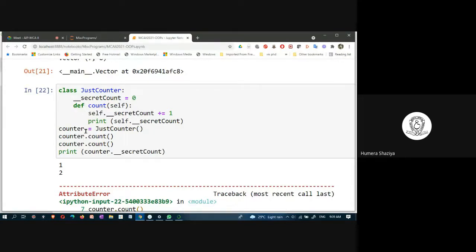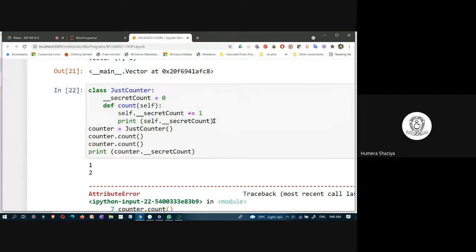What is the block of class? Block of class is from here, this double underscore, to this closing of parenthesis. How do we know that? Well, we know it because of the indentation.